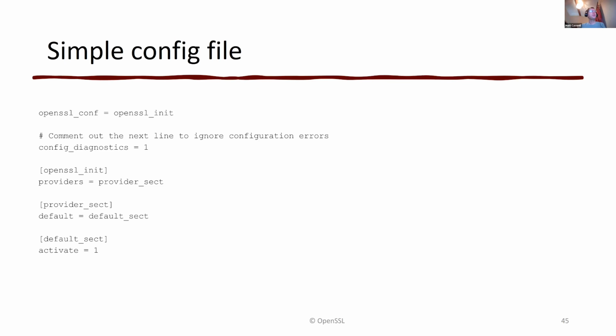And within, you can see the openssl_init section a little bit lower down there. And that says providers. The provider configuration is in a section called provider_sect. And then within that section, we have one provider. It's the default provider, and the configuration for the default provider is in the default_sect. And there is only one thing that you can configure about default, and that's whether to activate it or not. And we have an activate = 1 line, which says load and activate the default provider by default.